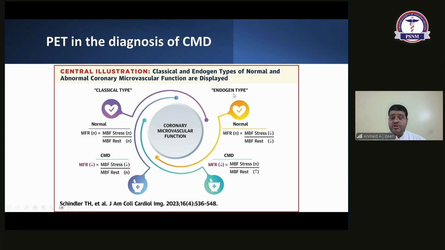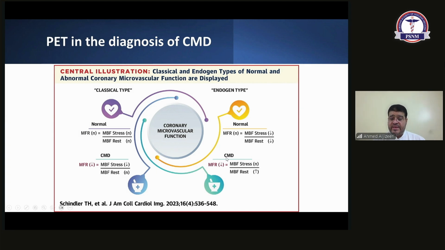Now, in the indigent type, there is a decrease in both stress and rest, and this results in a normal ratio. So the ratio is normal not because the patient is normal, but because the patient has both reduced myocardial blood flow at stress and rest. And this is a type that probably needs to be more and more identified, and further data should be looked at on the outcome of these patients.